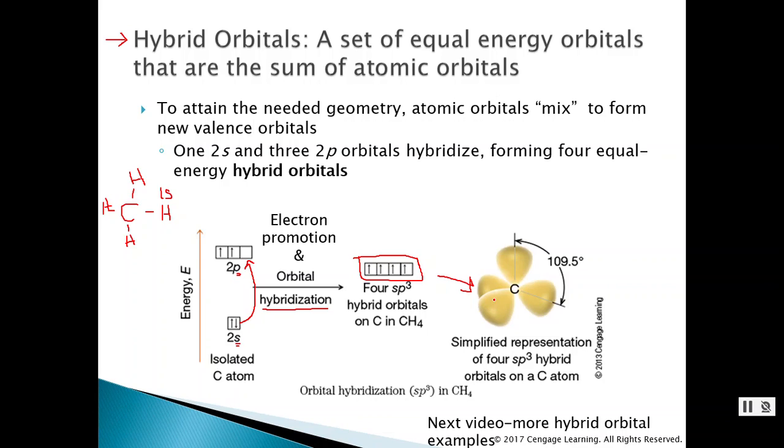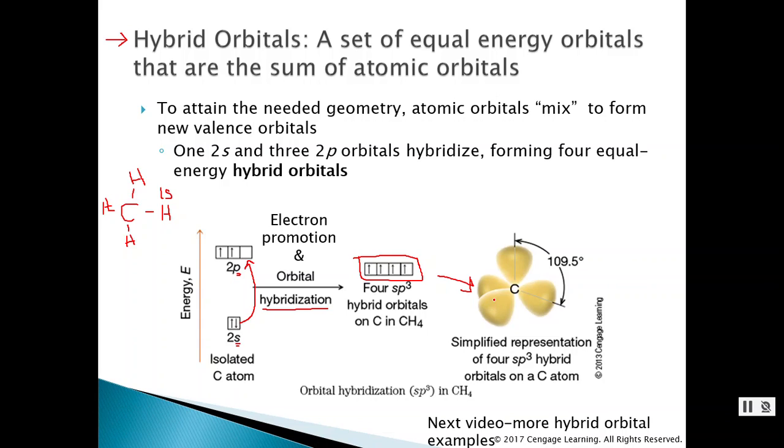So they've got these slightly elongated lobes. Okay. So now, at least with methane, we can explain through these hybrid orbitals how and why that bonding occurs.